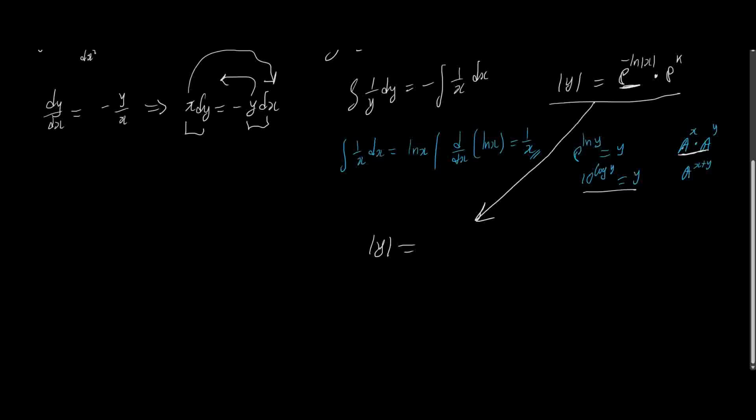We also notice that e raised to the power k is a constant, and you can name it anything, say a. So the absolute value of y equals a times the absolute value of x to the power negative one, that is, a over the absolute value of x. That's our solution for that question.